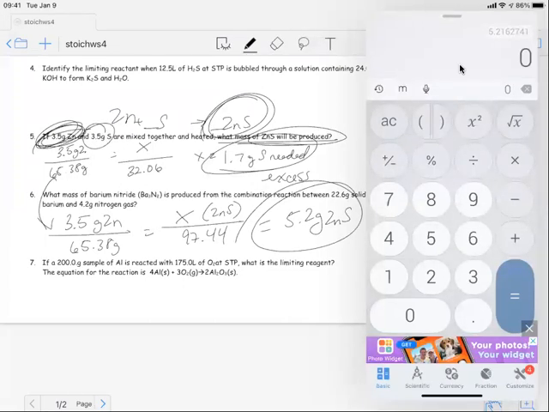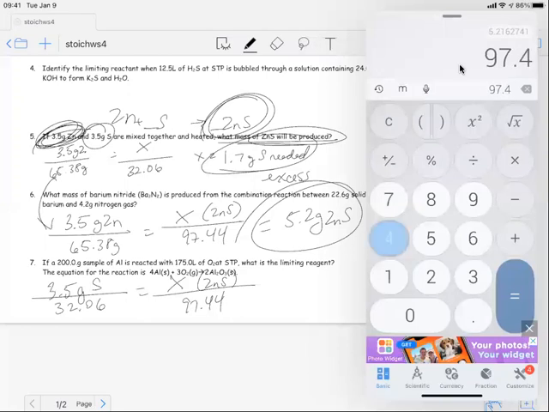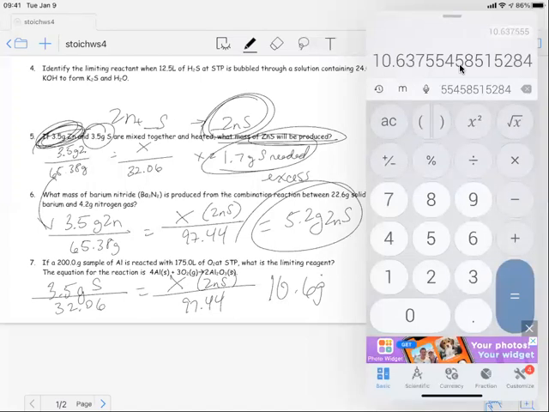I'm going to take the amount of sulfur and calculate from that. 3.5 grams of sulfur, and the molar mass is 32.06. And I'm calculating my product, and the molar mass is still the same for that. So 97.44 times 3.5 divided by 32.06. And look at that, 10.6 grams of zinc sulfide.